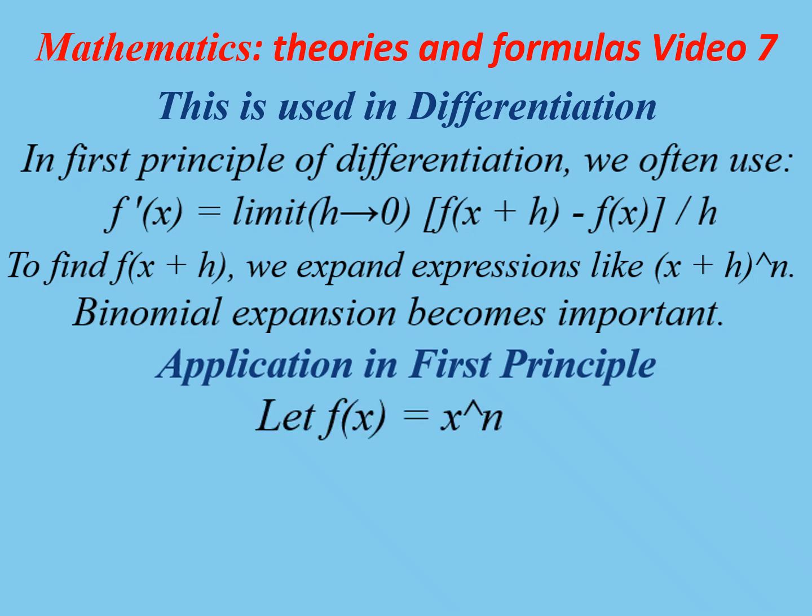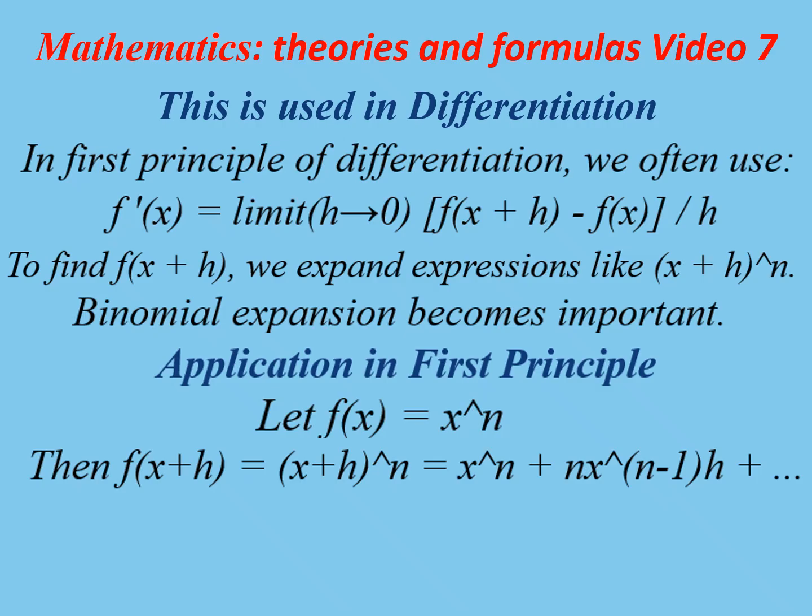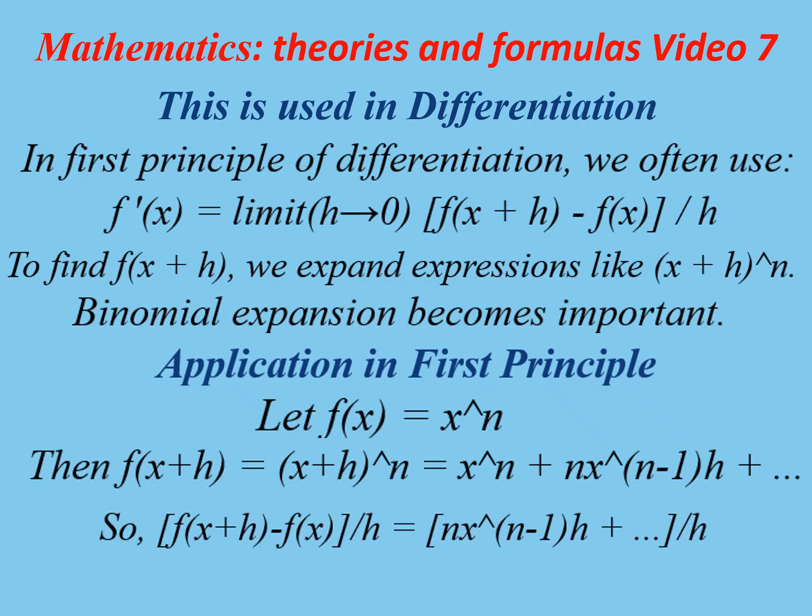Application in first principle is shown here. Let f of x equal x to the power n. Then f of x plus h is equal to x plus h to the power n, which is x to the power n plus n x to the power n minus 1 h, and so on.